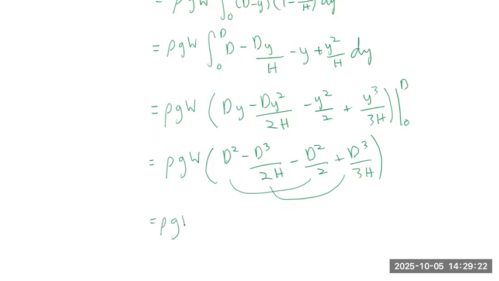So rho g w times d squared minus d squared over 2 is d squared over 2. Negative d cubed over 2h plus d cubed over 3h is negative 3 times d cubed plus 2d cubed over 6h, which is negative d cubed over 6h.